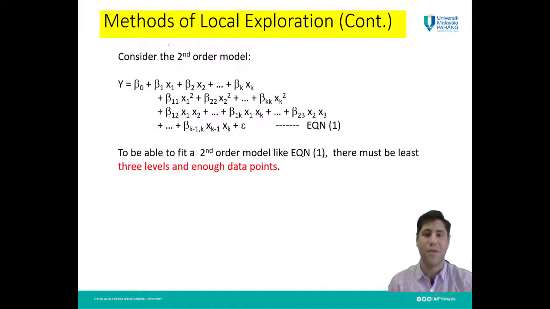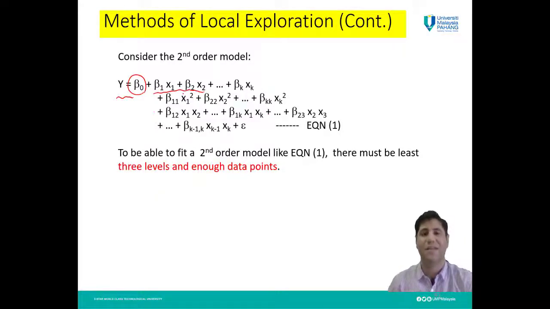So that second order model can be something like this. You can see here the constant in the model, the main effects, and also the interaction effects and second order effects of the factors.